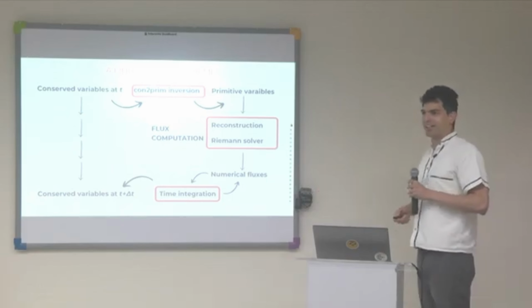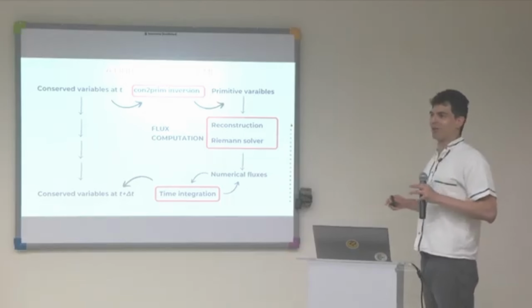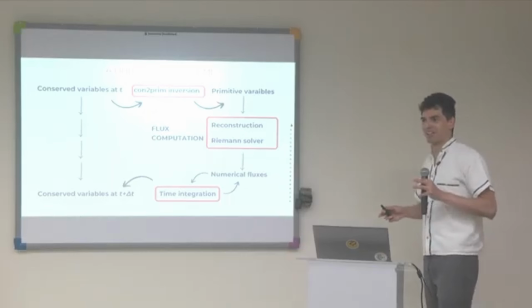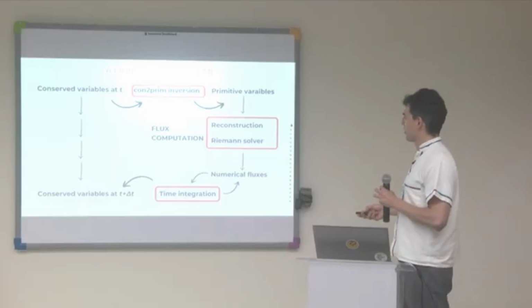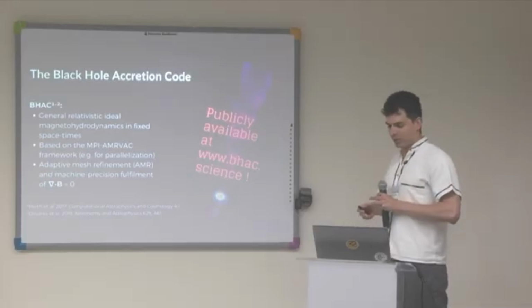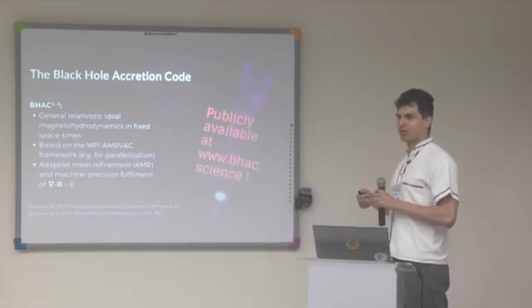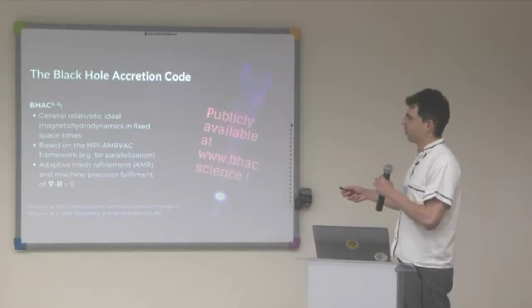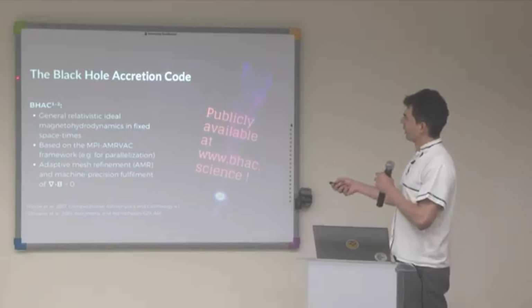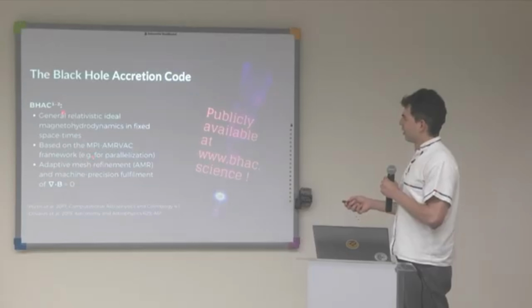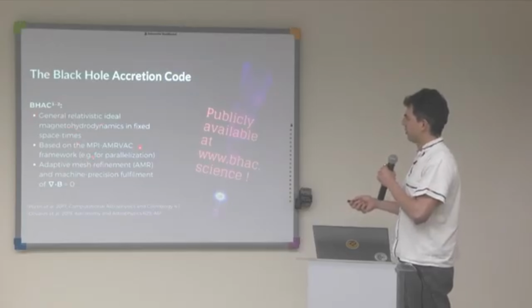So then, well, this is essentially all the theoretical explanation that I wanted to give today. So for the next half of the lecture, so for the next hour, we will be putting this in practice using a code that is called the Black Hole Accretion Code. So this code solves the equations of GRMHD in arbitrary fixed spacetimes.